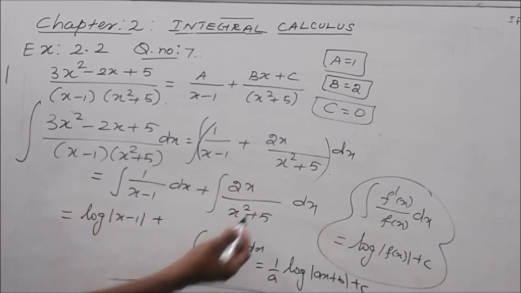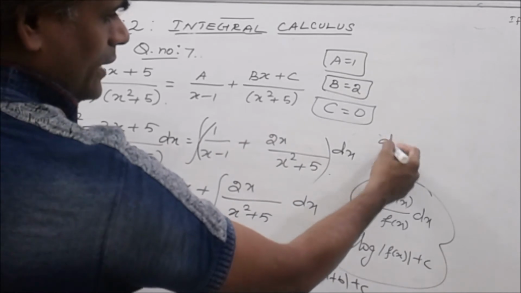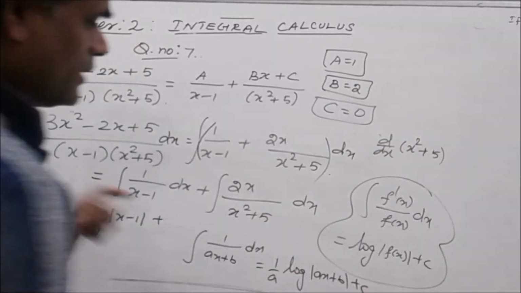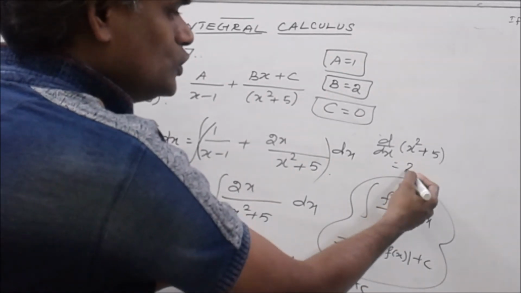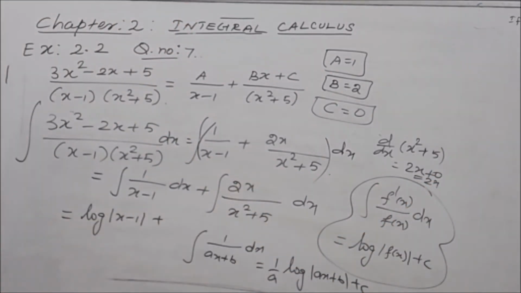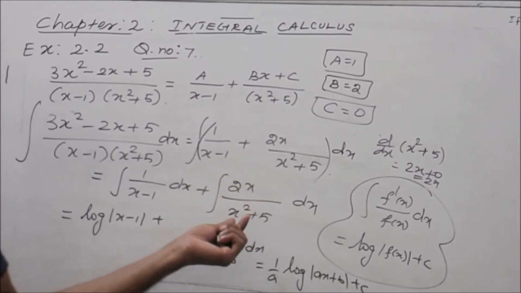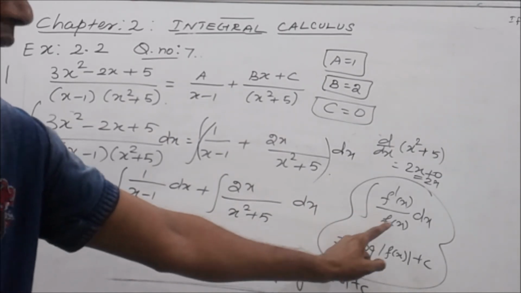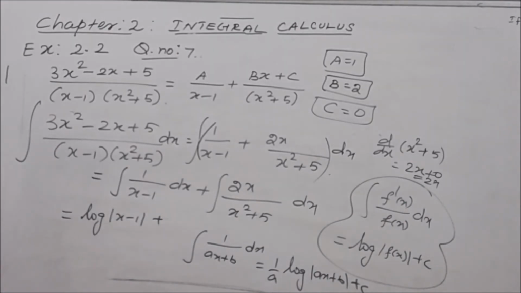Now we are moving to the next case. Look at the denominator x² plus 5. What is the derivative of x² plus 5? The derivative of x² plus 5 is 2x plus 0, equal to 2x. So that is in the numerator. The derivative of the denominator appears in the numerator, so we can use this type of formula: integral of f dash of x by f of x means log of modulus of f of x.